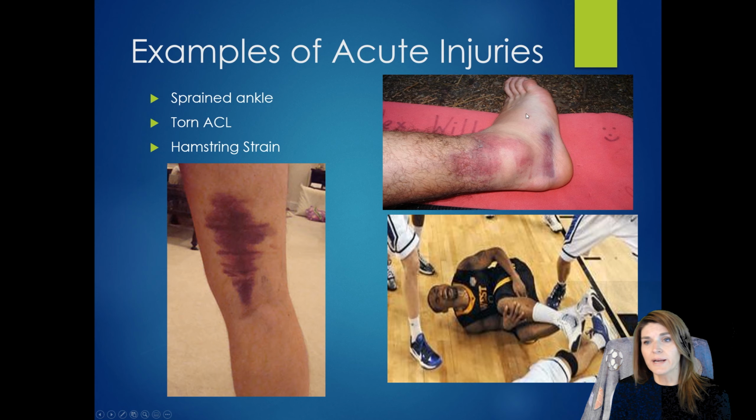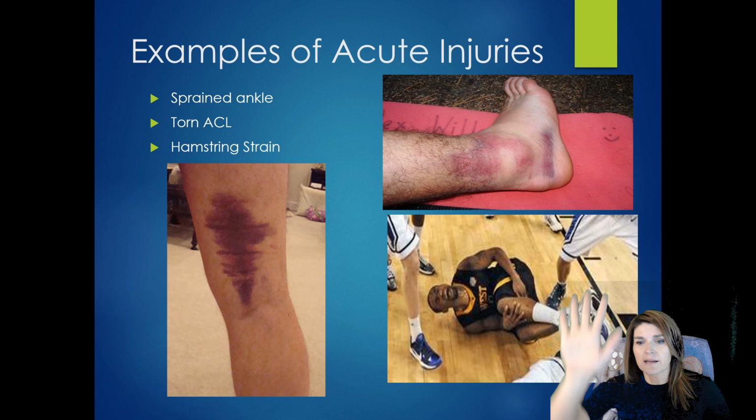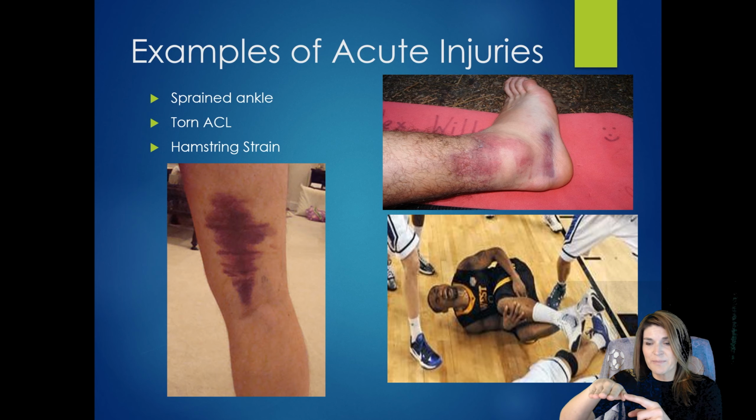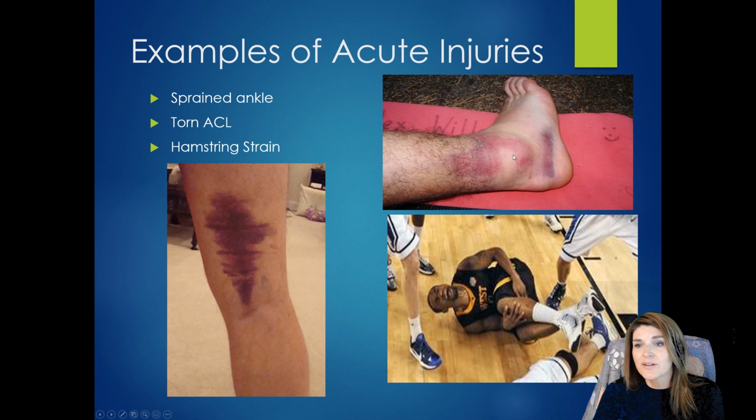So maybe this person went in for a layup and landed on someone's foot. That happens a lot in basketball or volleyball. If they cross the line, maybe they're going up for a block, they cross the line and land on an opposite person's foot. That's not okay in volleyball, but it happens sometimes. If that's the case and his foot, so this is big toe all the way to pinky toe, if his foot goes like this too hard, then at risk we've got the calcaneofibular ligament here, there's the anterior talofibular, there's the posterior talofibular.